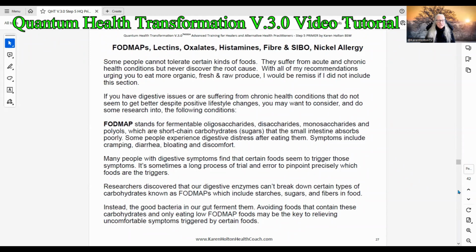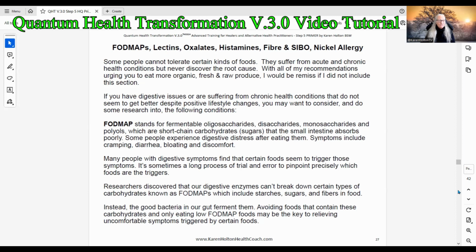If you have digestive issues or are suffering from chronic health conditions that do not seem to get better despite positive lifestyle changes, you may want to consider and do some research into the following conditions.